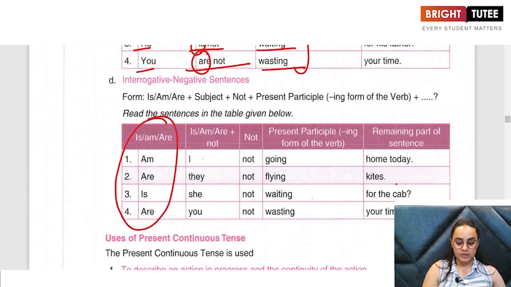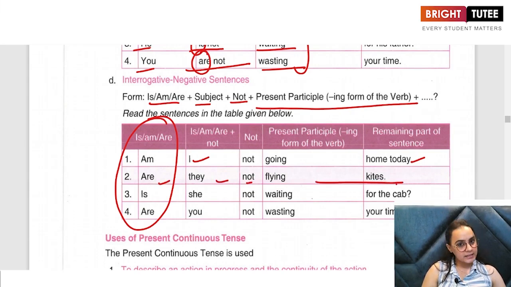The second position is going to be my subject. Then comes not and the ing form of the verb. Am I not going home today? Are they not flying kites? Is she not waiting for the cab? Are you not wasting your time? And every sentence is going to end with a question mark.